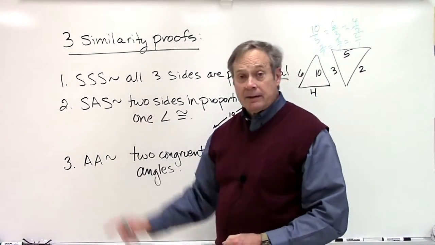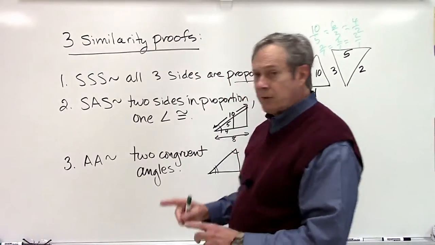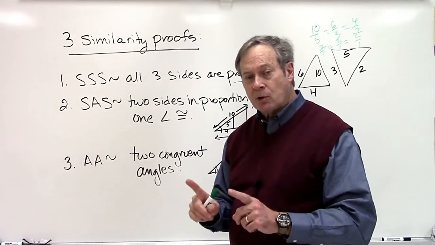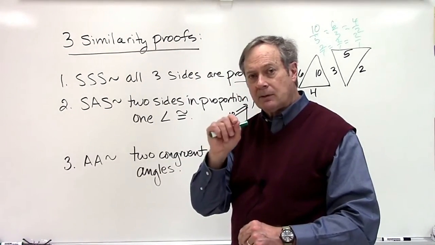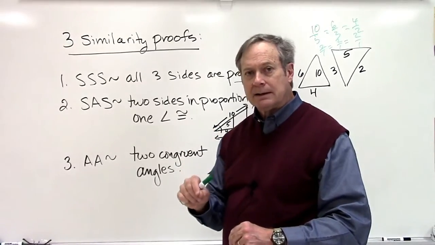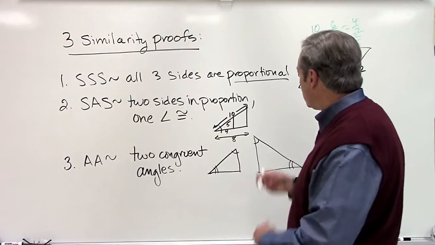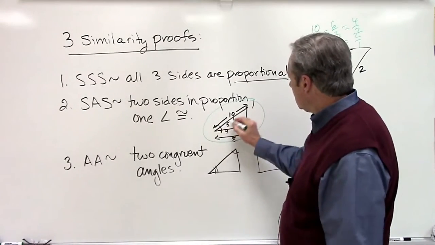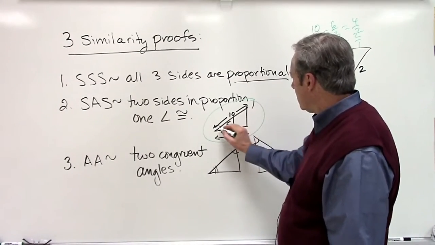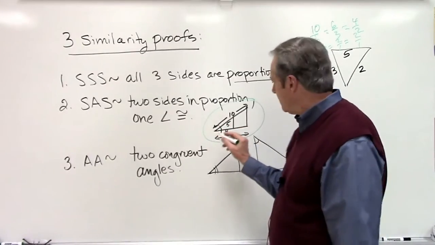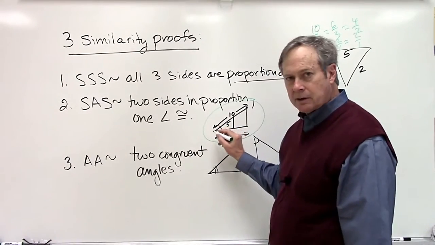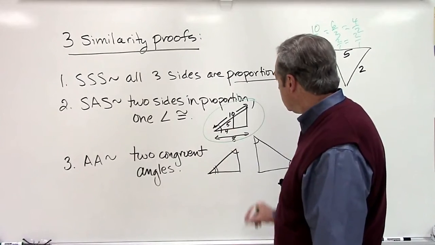Now, a second way is side, angle, side, where you've got 2 sides that are proportional and one angle from each triangle is congruent. So, for instance, this one right here. Since this little triangle and the bigger triangle share the same angle, those 2 angles are congruent for both triangles.